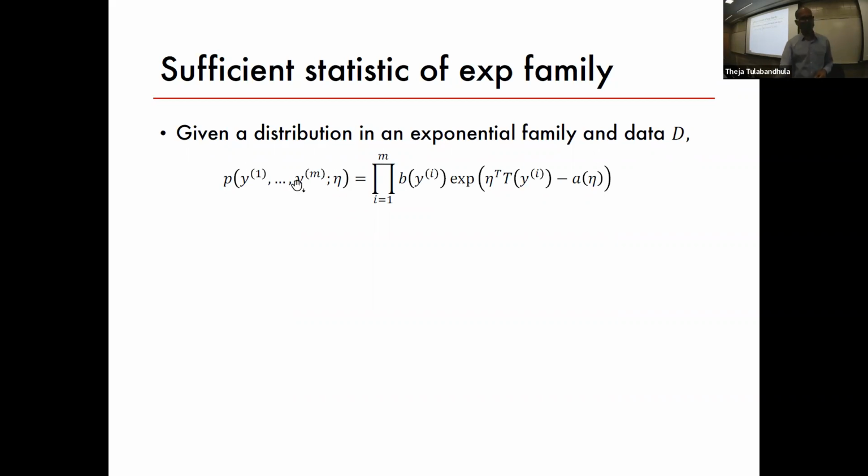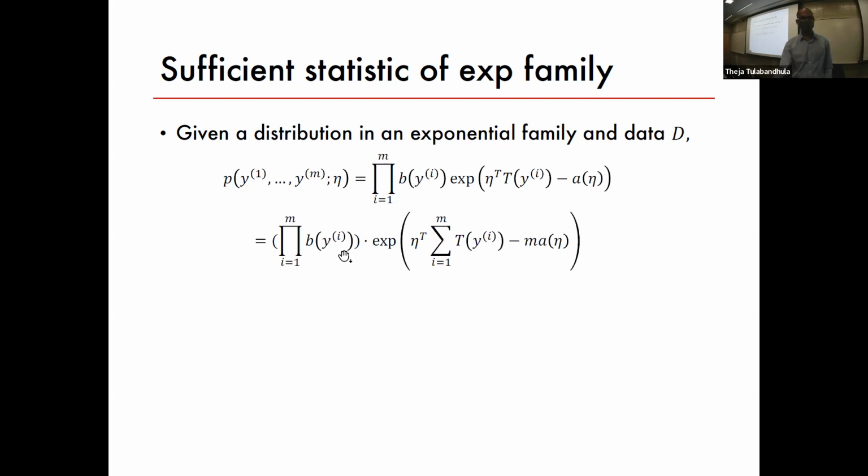So if you have data, y1 to ym, you can write the likelihood as a function of eta this way, just by inserting the definition of the exponential distribution. The probability of the data would be the product over m observations of the probability of each observation.